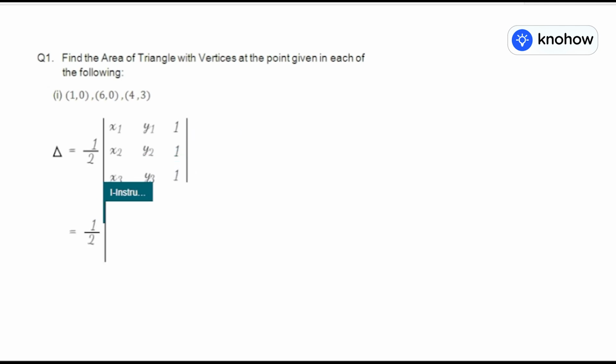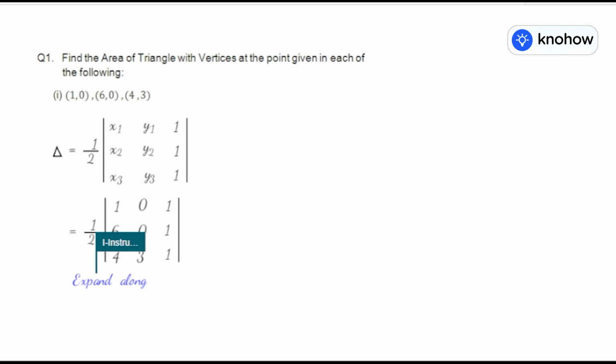You have half times the value of determinant 1, 0, 1. The coordinates of the second point are 6, 0, so 6, 0, 1. That of the third are 4, 3, so 4, 3, 1. And now you just evaluate it, say let me expand the determinant along row 1.